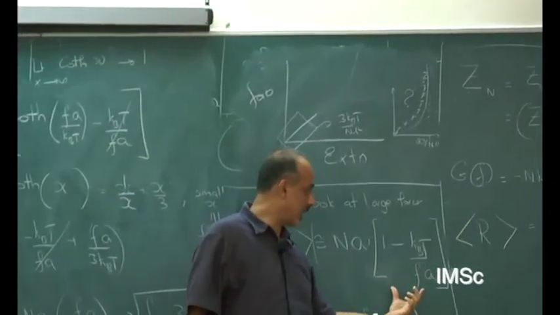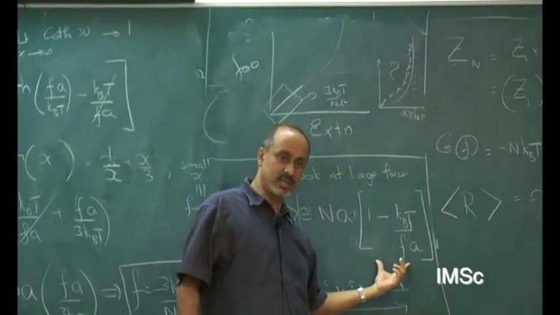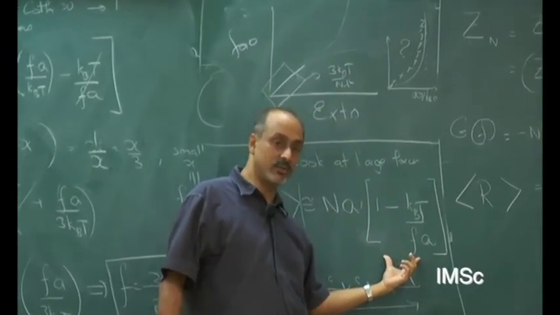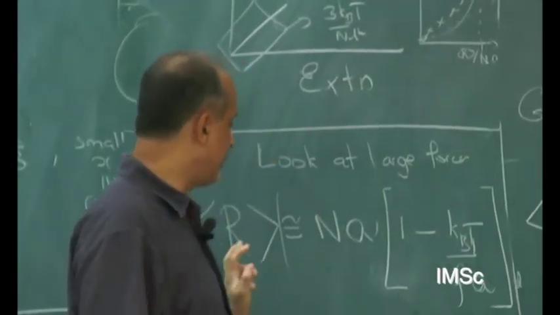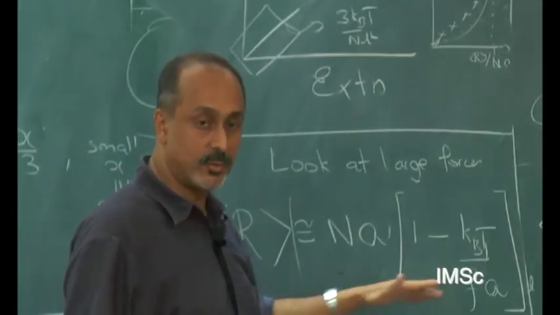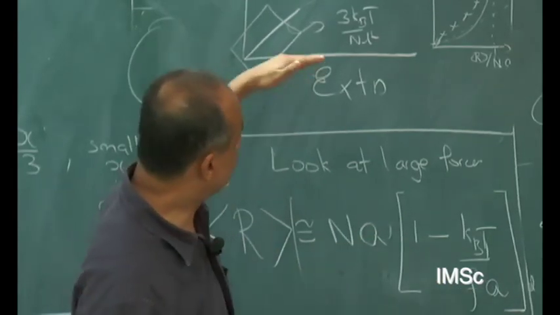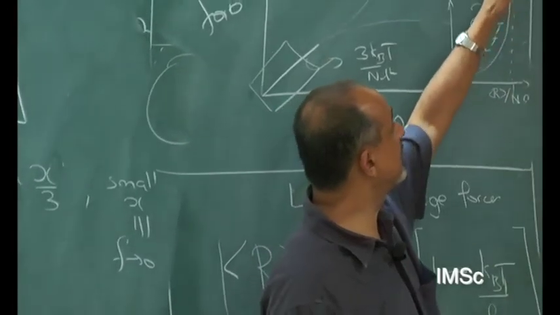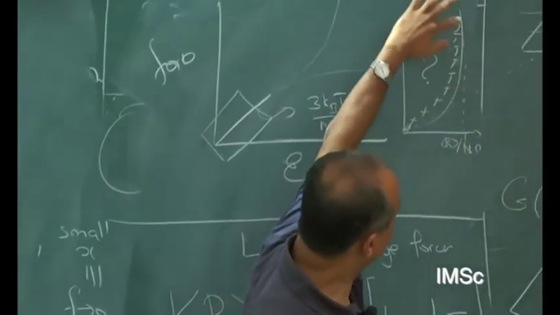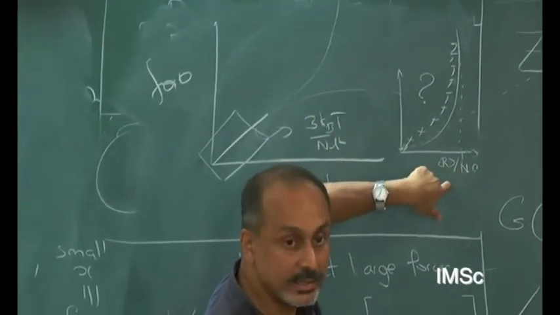This quantity, however large F is, will always be less than 1. It only becomes 1 when F equals infinity. At that point, R average is N a. Otherwise, it's always a little less than N a. So the curve goes up like this, but then asymptotically gets closer and closer to this axis for R average by N a.